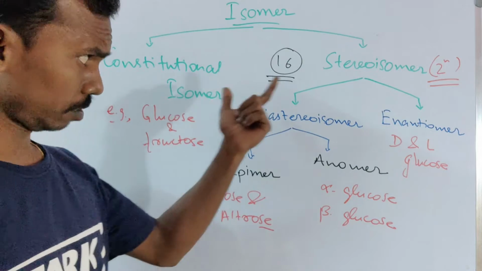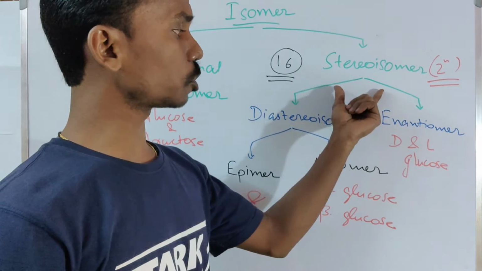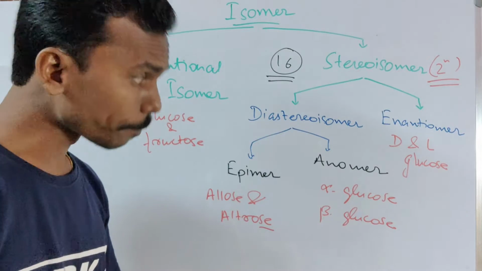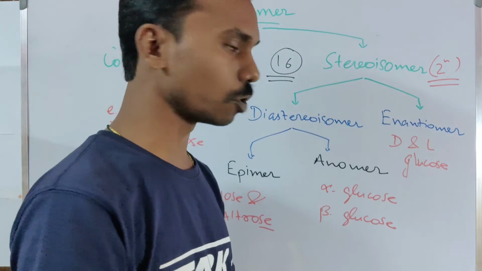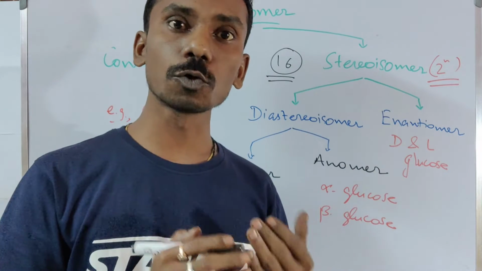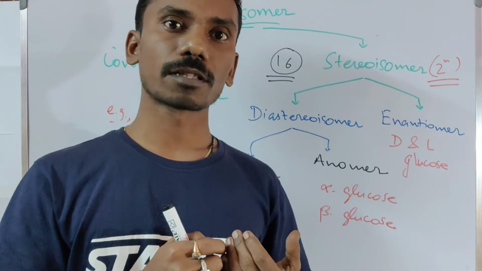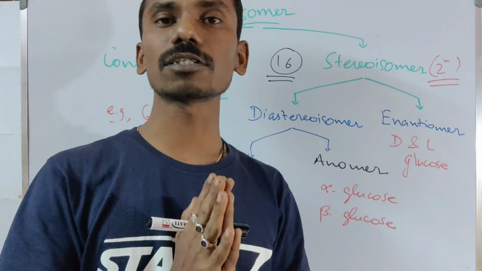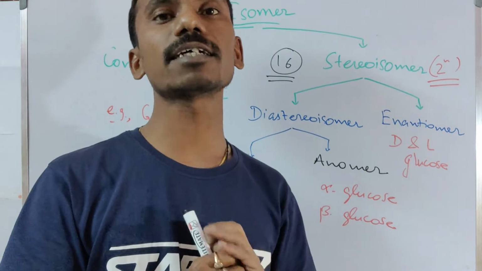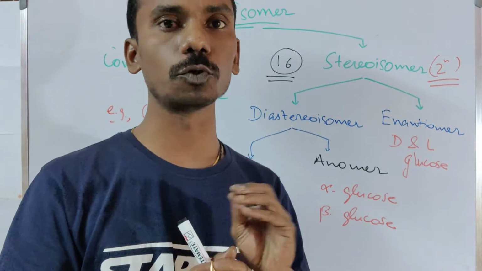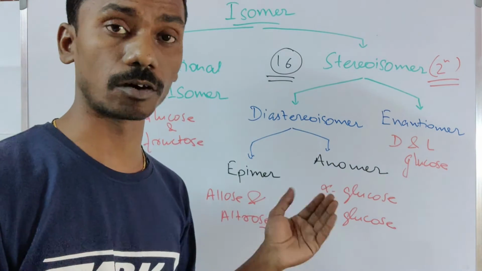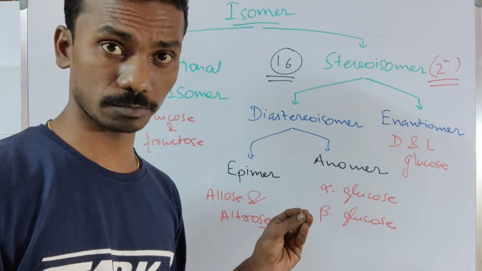Then we'll divide stereoisomers into two different forms: one is enantiomer and another one is diastereoisomer. In the case of enantiomers, if the hydroxyl group of the penultimate chiral carbon is present on the right side of the backbone, then that compound will be called the D form of that monosaccharide.